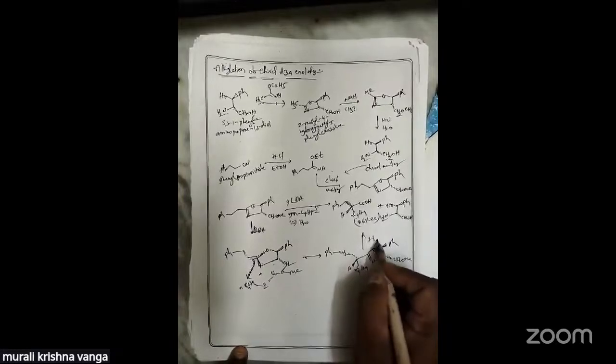Then after hydrolysis, it gives our product with 86% enantiomeric excess.